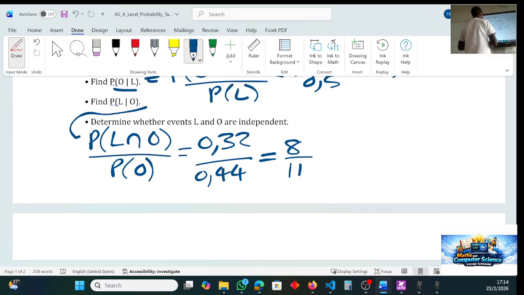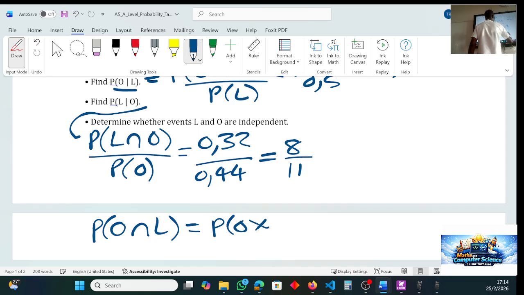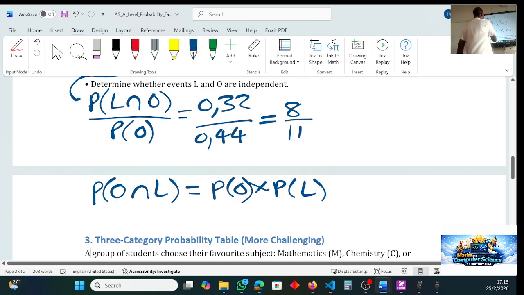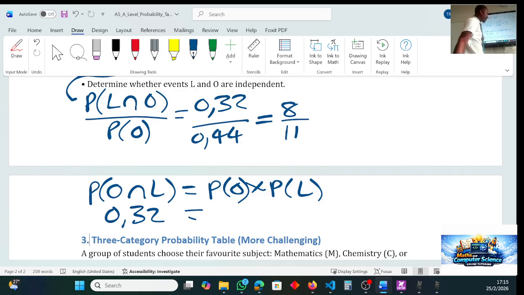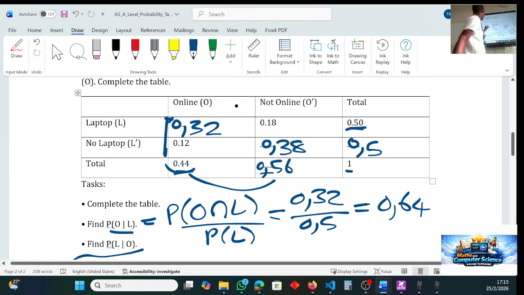Now I'm being asked to determine whether events L and O are independent. We saw earlier that when events are independent, the probability of O intersection L is the same as the probability of O multiplied by the probability of L. O and L, we have above, is 0.32. On the other side, we have the probability of O. Let's check where we find it in our table: O, which is online, is 0.44.